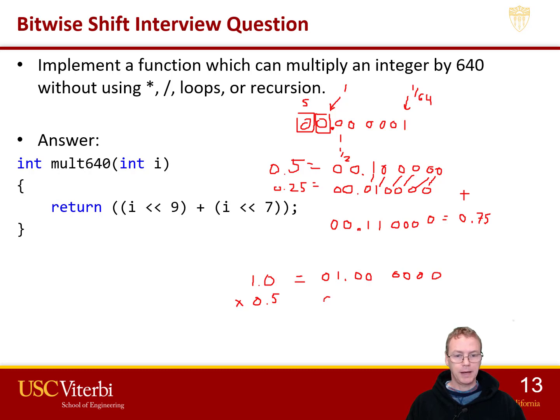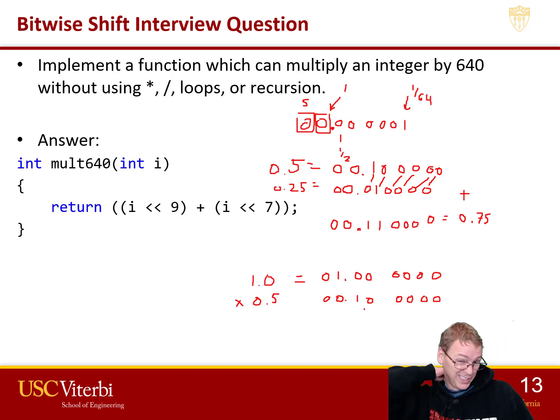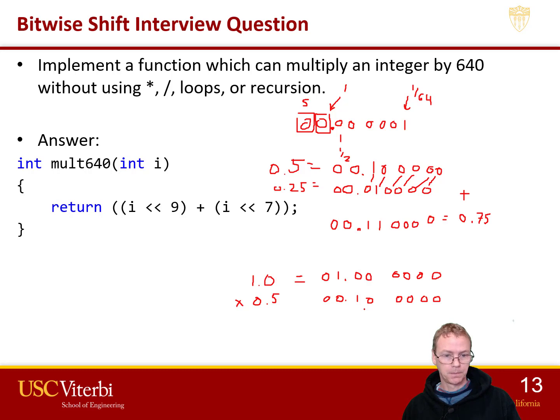And I'm going to multiply by 0.5. If I just multiply these as integers, what am I going to get? I'm going to get a very large number that's going to overflow my 8 bits.